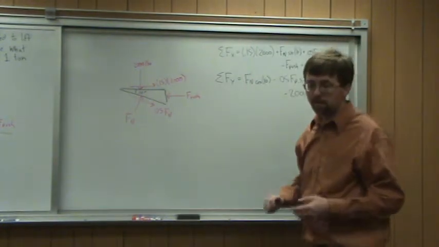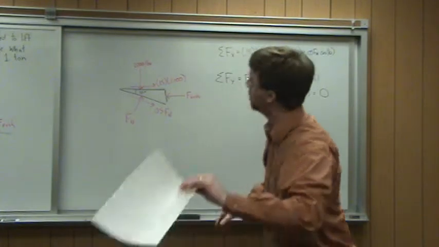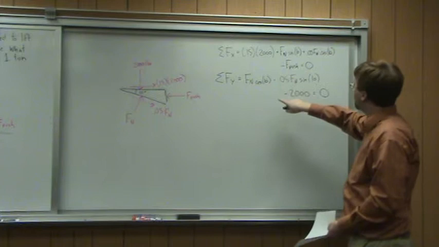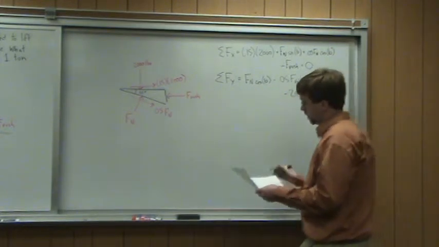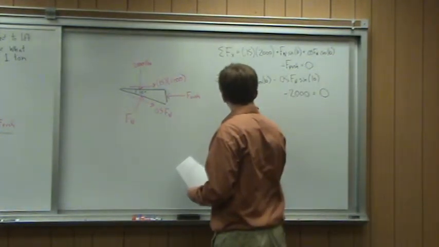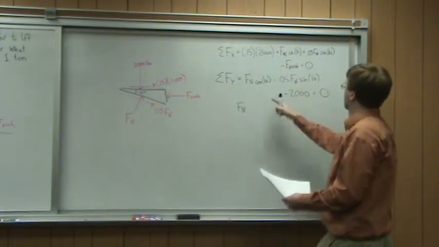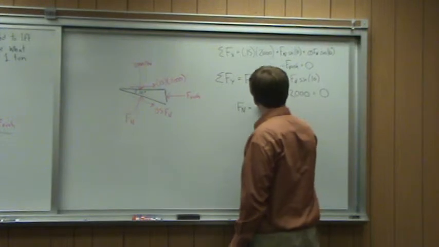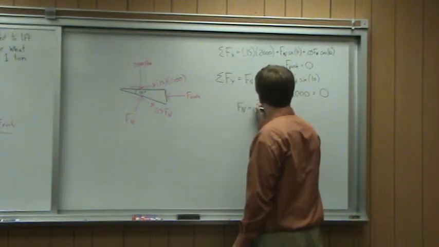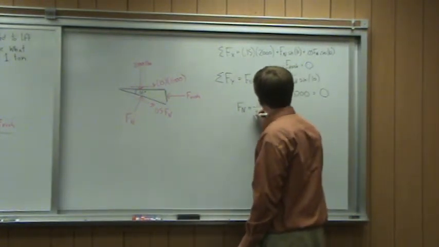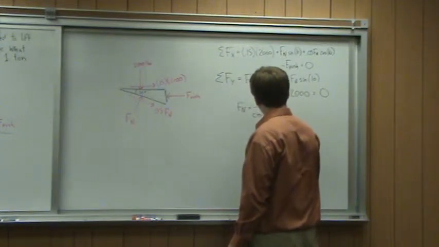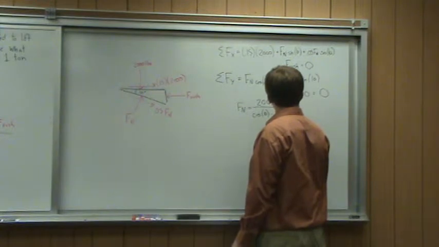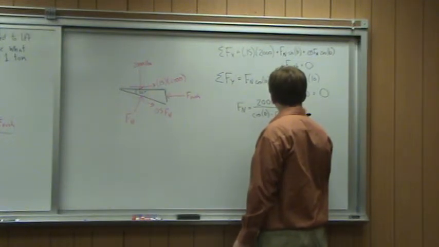So with all of this, I know that I want to solve for my pushing force. To do that, I'm going to find my normal force first. So Fn, based on this bottom equation, the sum of forces in the y, is going to be equal to 2,000 divided by cosine of 10 degrees minus 0.05 sine of 10 degrees.